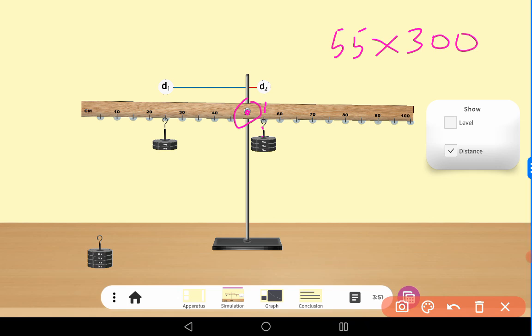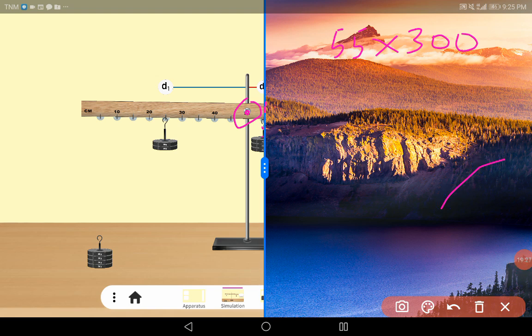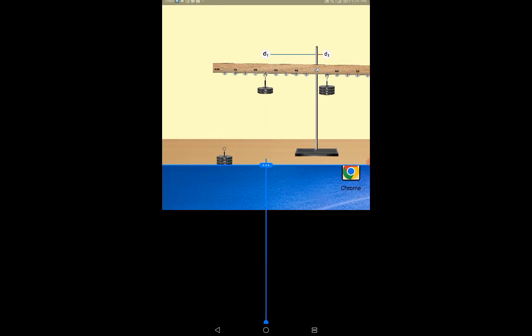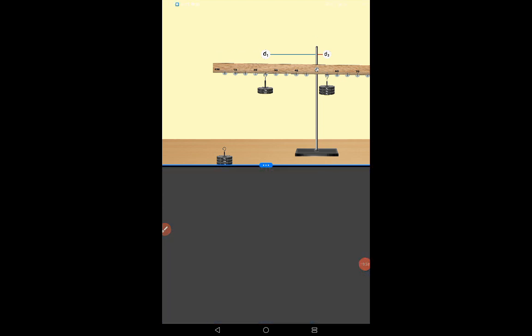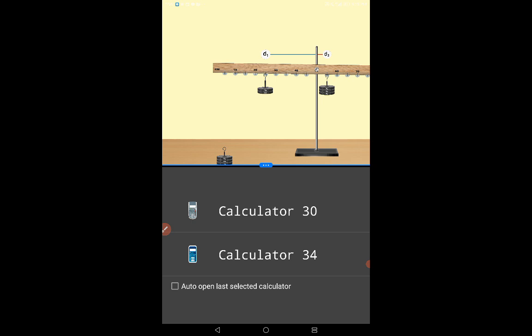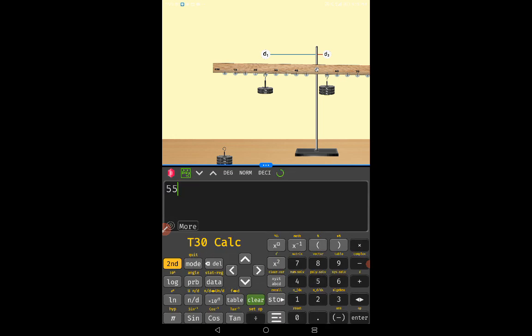You can check that from the calculator. It's coming to 1,500.